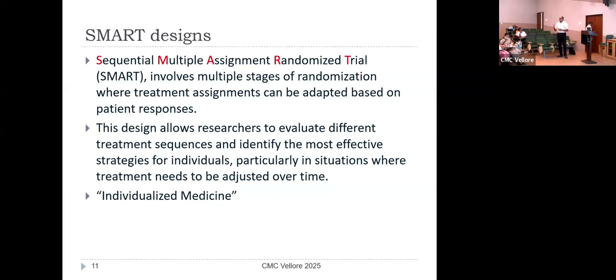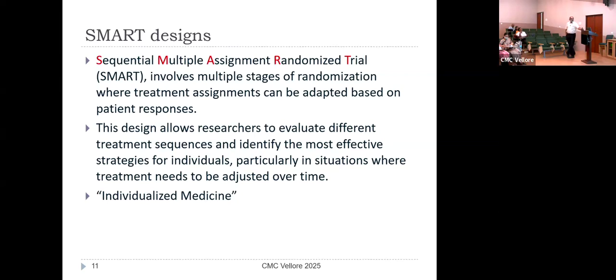And some people call it individualized medicine, or precision medicine, but it is taking multiple stages of randomization in a patient. So it's not in a group, it's in a patient, so it's individualized. Treatment assignments can be adapted based on patient responses. So now it's not outcome response, it's the patient, how they are doing.